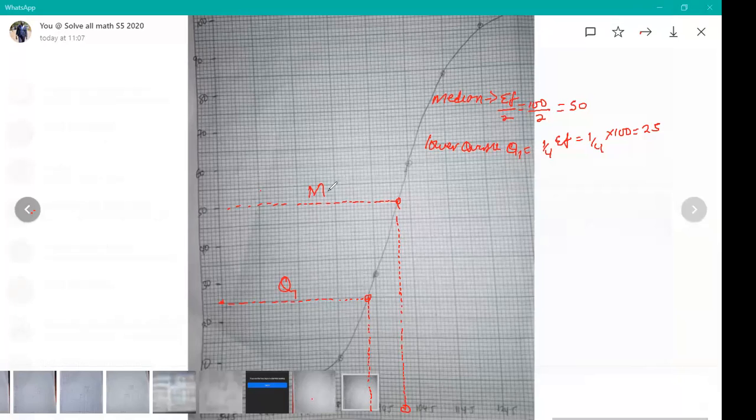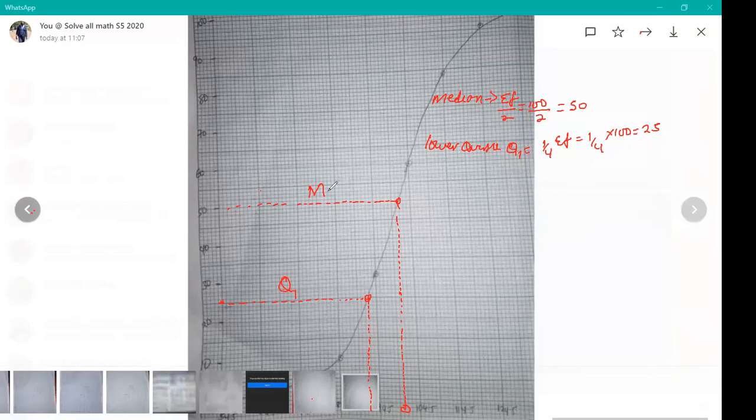We are having lower class boundary at 25. 25 is crossing through the third box after the middle of the biggest box. 85, 86, 87, 88, 89, 90, 91, 92.